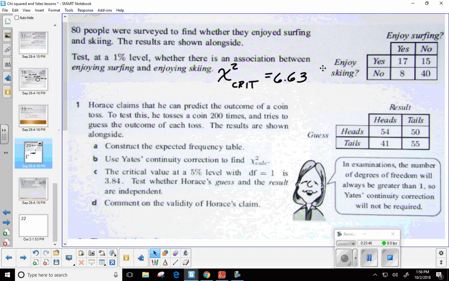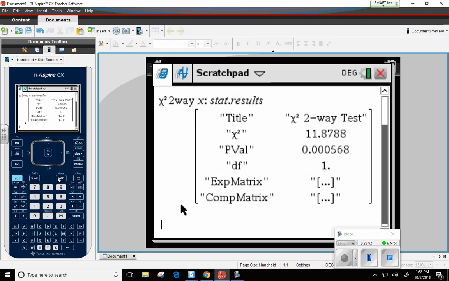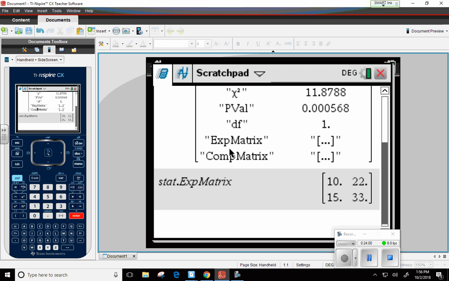Okay, so now let's see what happens when we go ahead and get the rest of this. So I'm going to get the expected frequency values. Now remember, I went 17, 15, 8, 40. It says point. I'm hoping that's 0.0.